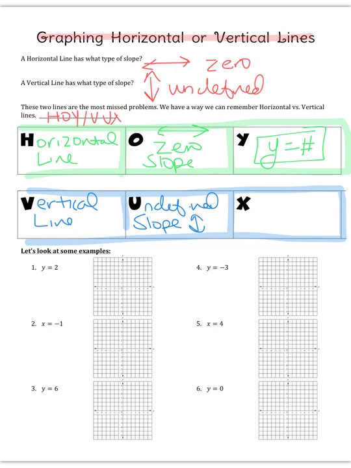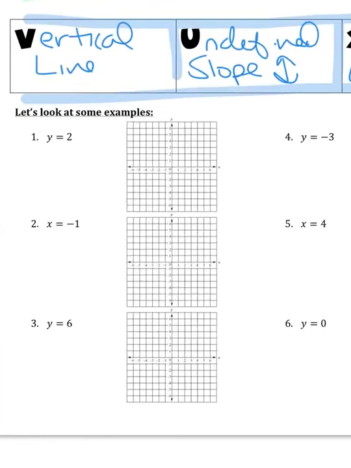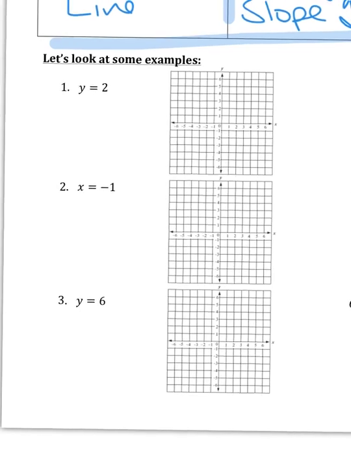And the X in VUX means my equation is going to be x equals a number. That's what my equation looks like. So if your equation has just x in it, it's VUX. If your equation has just y in it, it's HOY. And if your equation has x and y, then you do y equals mx plus b. So I'm going to zoom in so I can see these three problems here.